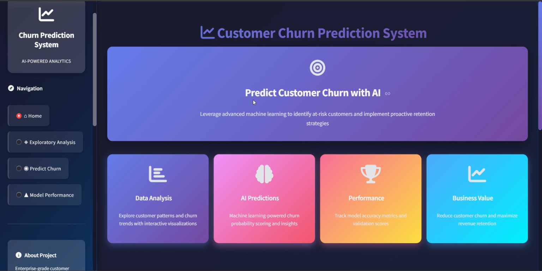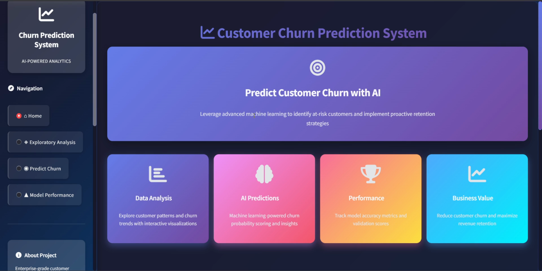Before we wrap up, let me highlight some technical aspects that make this app special. First, the UI. I've built it with Streamlit and custom CSS, featuring a modern dark theme and smooth animations. We have also used interactive Plotly charts and session state management for a smooth user experience.